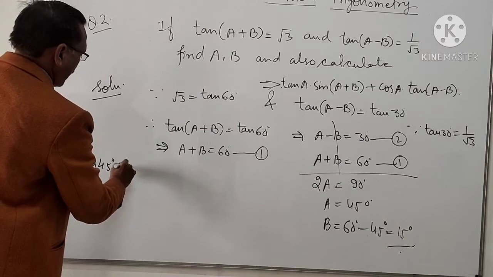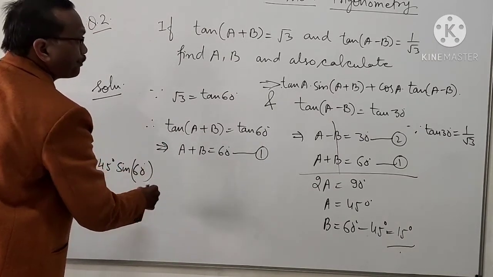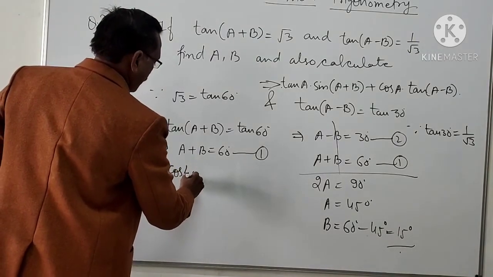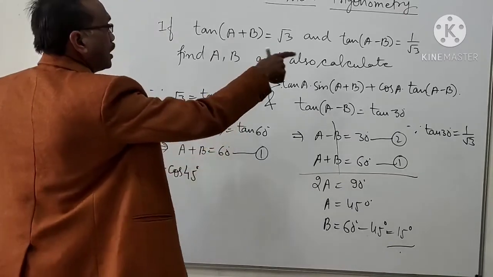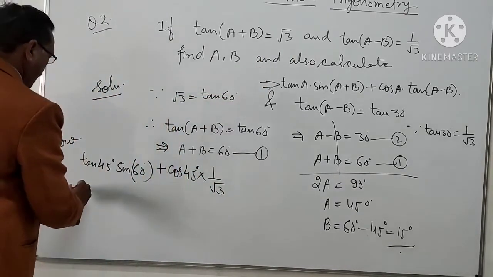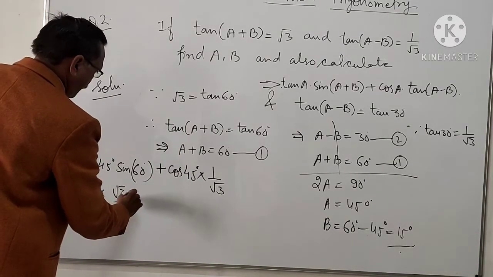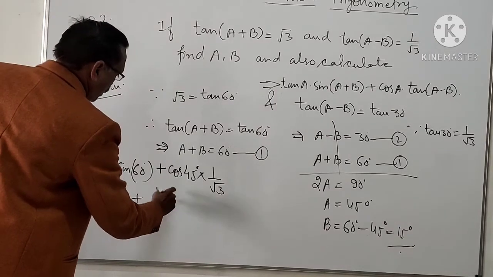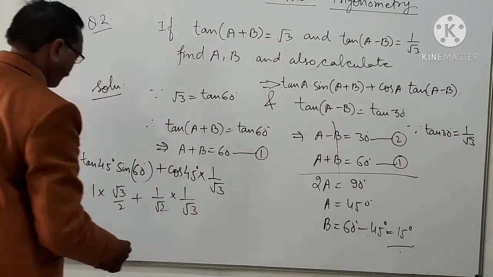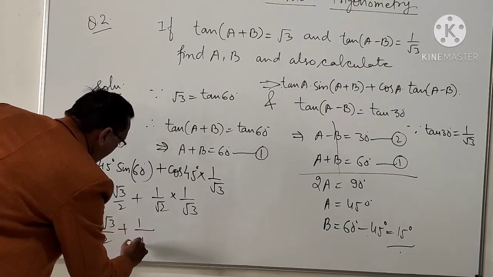Then sin(A + B) is sin 60 degree, plus cos A is cos 45 degree, and tan(A − B) is directly given, it is 1 upon root 3. tan 45 is 1, sin 60 is root 3 by 2, plus 1 upon root 2, cos 45, into 1 upon root 3. Then it is root 3 upon 2 plus 1 upon root 6.